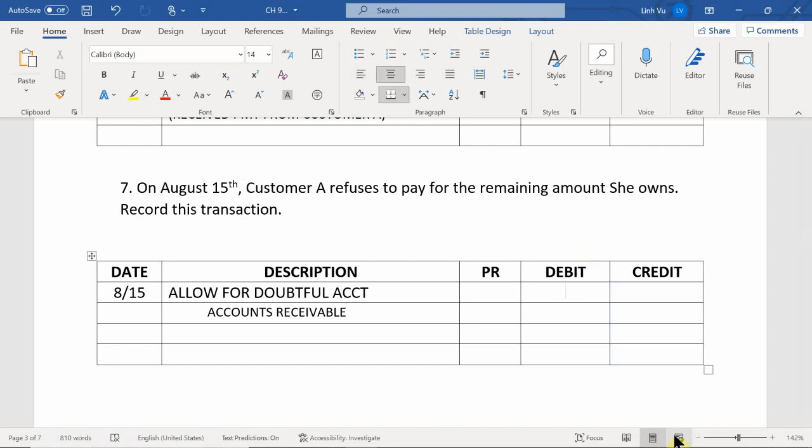So in this case, how much does customer A owe me? 541 minus 459.75.